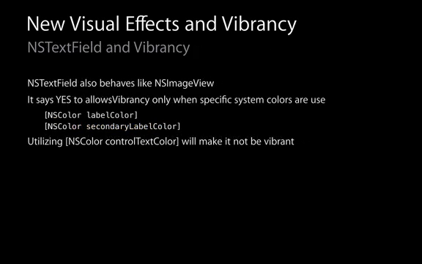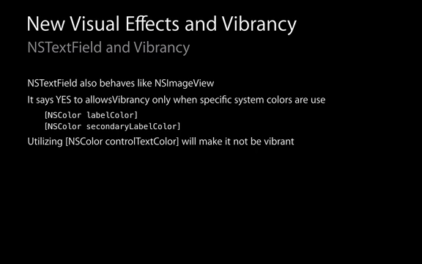Now, NSTextField also is vibrant. NSTextField behaves very similar to NSImageView, and it answers yes to allowsVibrancy if you're using our particular vibrant colors. So if you're inside of a vibrant appearance and you're using label color, secondary label color, or any other colors which might be custom for that appearance, they will probably appear vibrant.